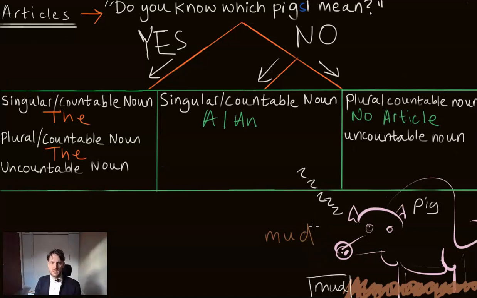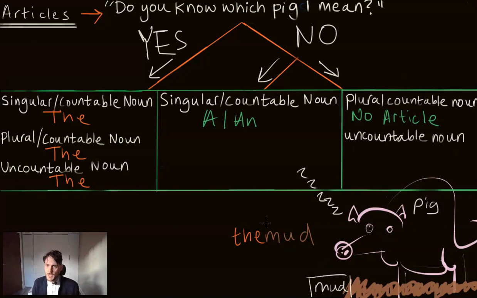Can you count mud? No. So let's change the question to, do you know which mud I mean? Let's say, yes, we know which mud you're talking about. And it's uncountable. So again, we would say the. We're in our the category on the left. The mud.